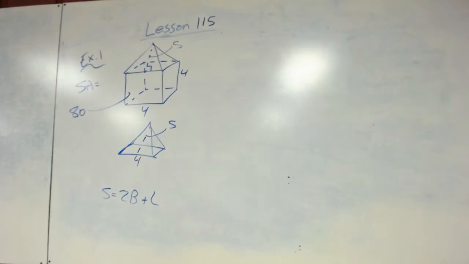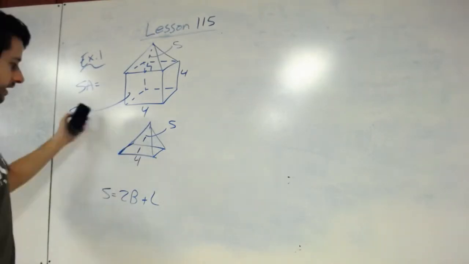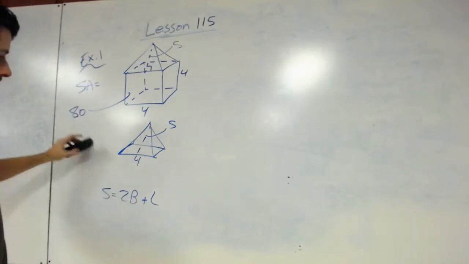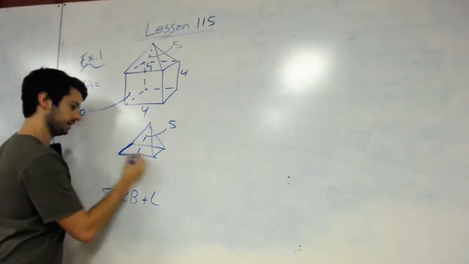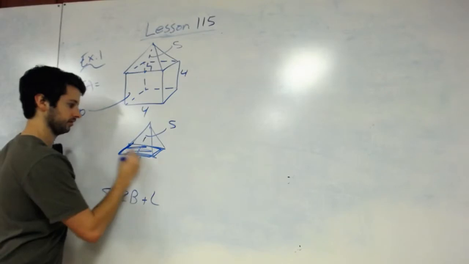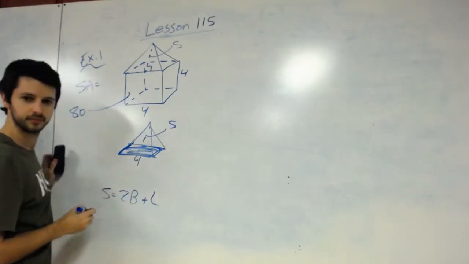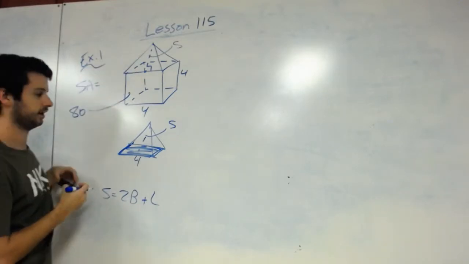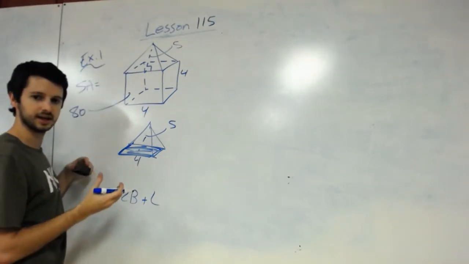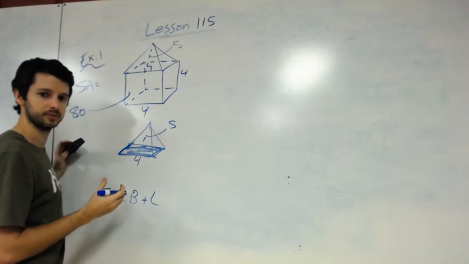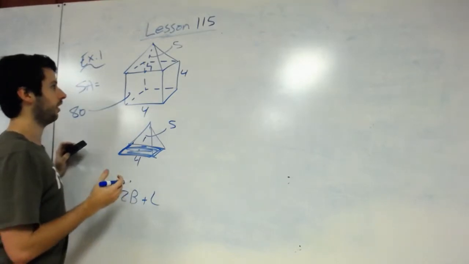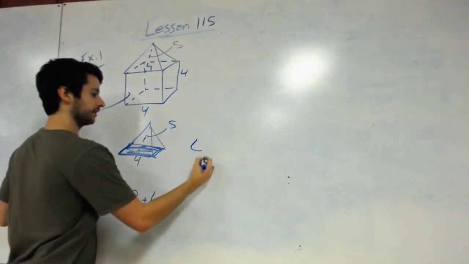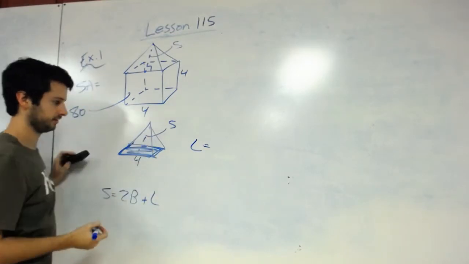Now, since we are only finding, once again, we don't need that bottom. We don't need that because it's on the inside of the figure. It's not on the outside being part of the area. So all I actually really need is the lateral area of this triangle.